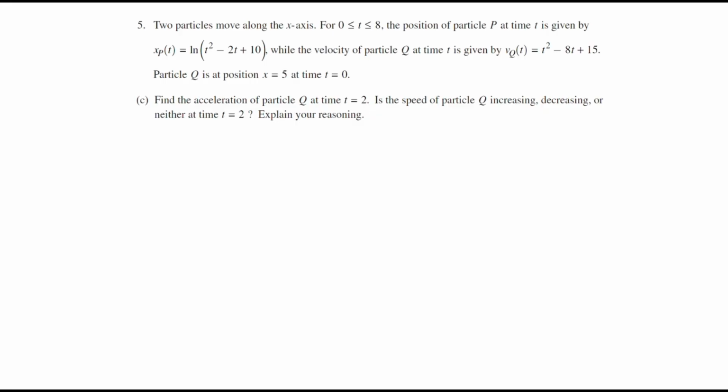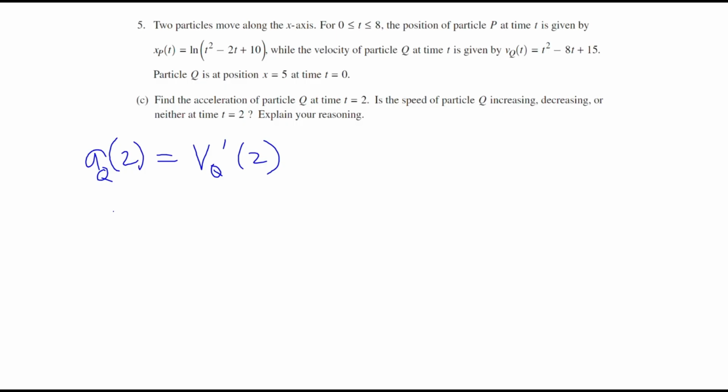Part C asks us to find the acceleration of particle Q at t equals 2, and then talk about the speed, whether it's increasing or decreasing or neither. So the acceleration of Q at t equals 2, well, A sub Q of 2 is equal to V sub Q prime of 2.